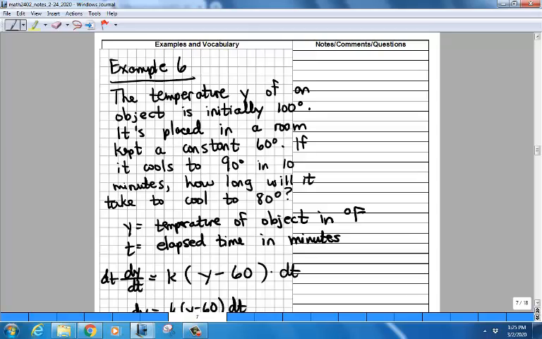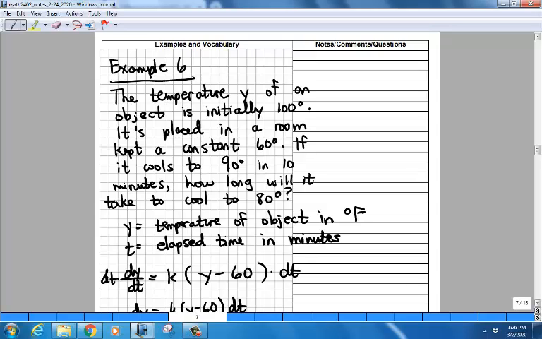So what Newton's law of cooling says is that the rate of change of your object is proportional to something. All the differential equations we've looked at have that characteristic. But the rate of change in Newton's law of cooling is not just proportional to the temperature of the object, but it's proportional to the difference between the temperature of the object and the surrounding temperature, which in this case was 60 degrees, because we placed this object in a cool location, a 60-degree room.